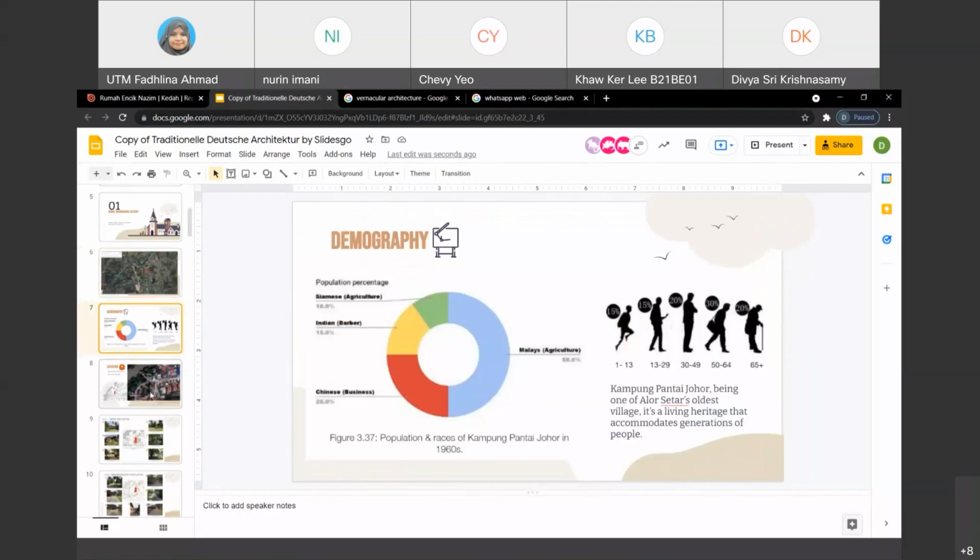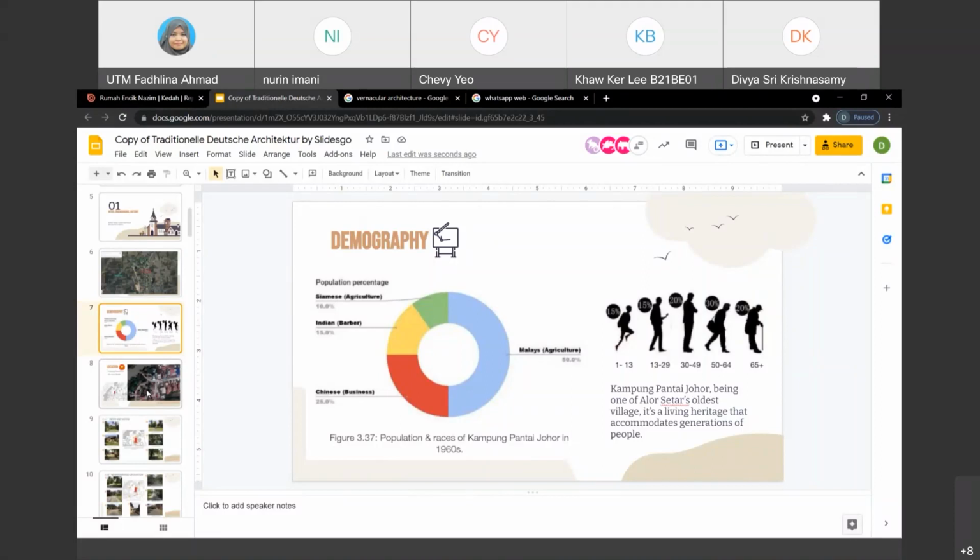For further classification, the area was populated with Chinese who established businesses, Siamese, and a Malay majority practicing agriculture, mainly in the rice field since 1960. So the high population of Malays formed a Malay community, because most of the Malay houses in Kedah were found around the paddy field, especially our Rumah Ejen Nazim.